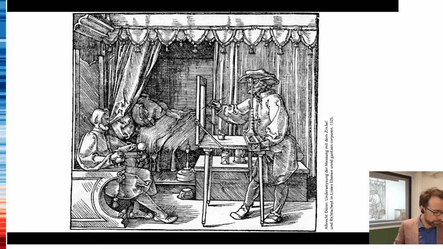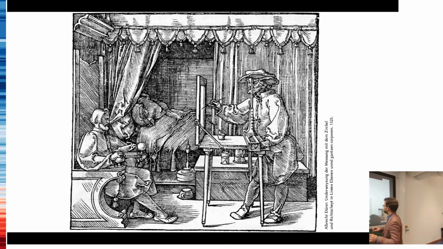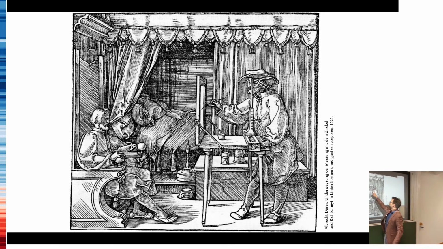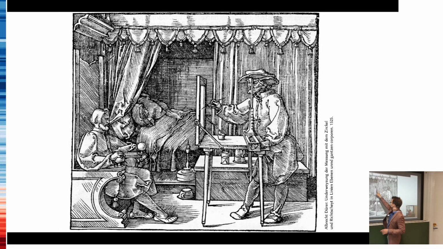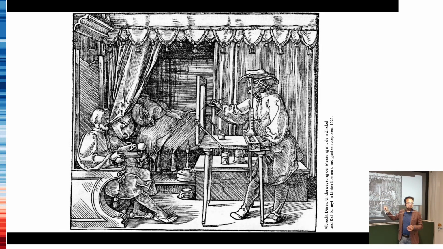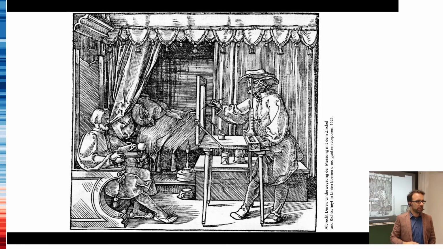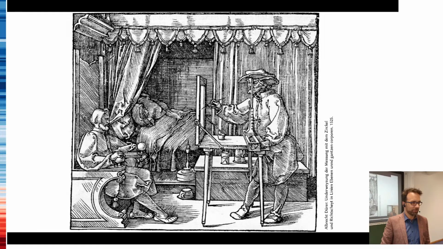It will be from one single point of view. So whatever this guy is painting, it will be from one single point of view because he has this fancy eyepiece where he can place his eye and look through this glass thingy and then just paint dots or paint shapes that he is seeing.